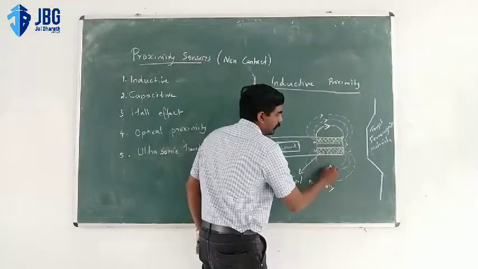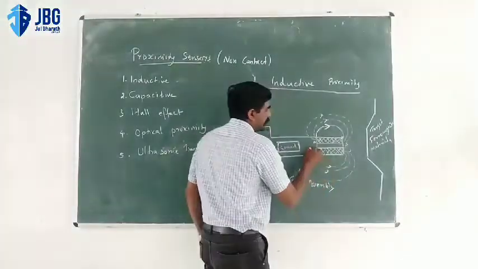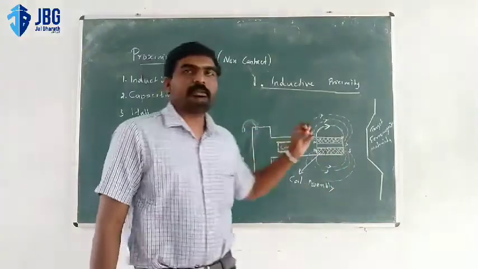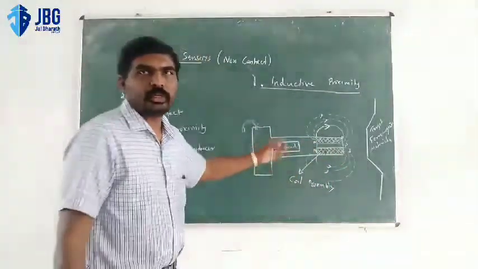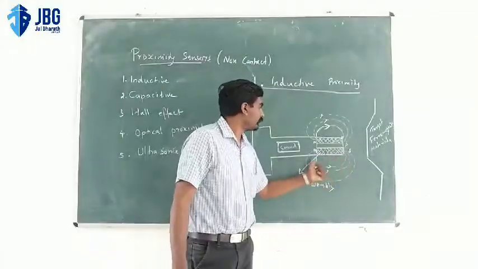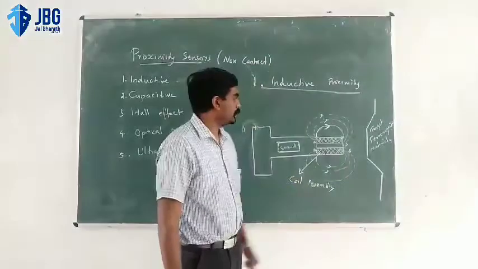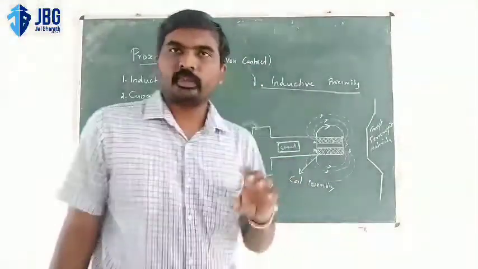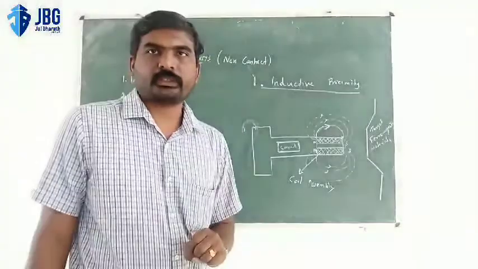Here also are magnetic flux lines from north to south. By applying some small current to this coil assembly, we get these magnetic flux lines. We are utilizing these flux lines to detect the presence of an object.